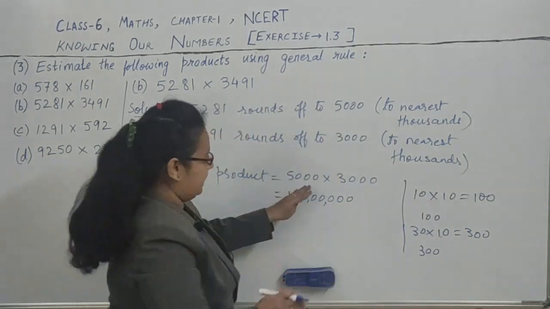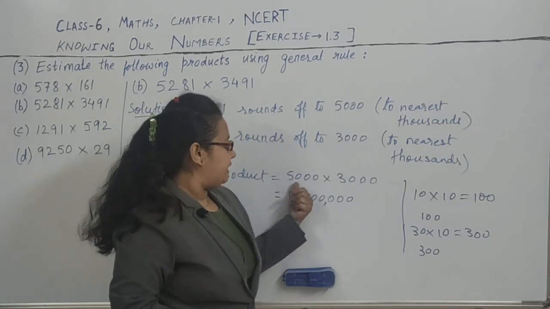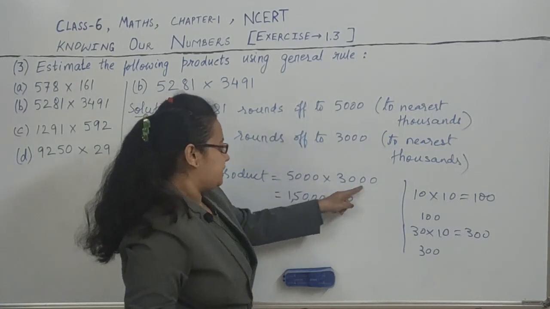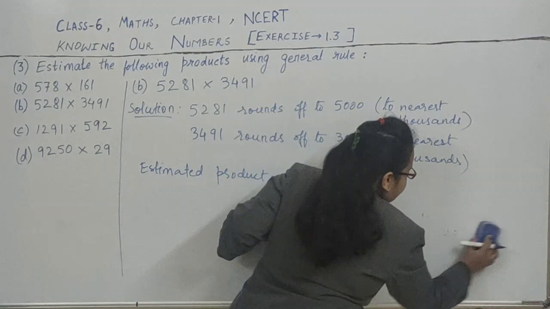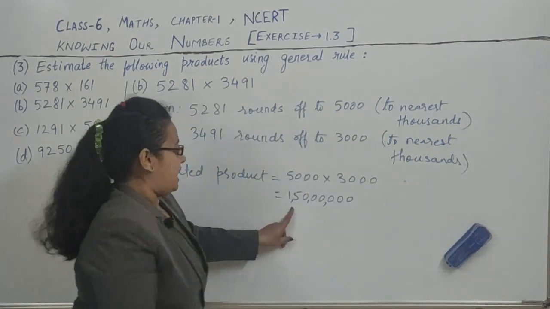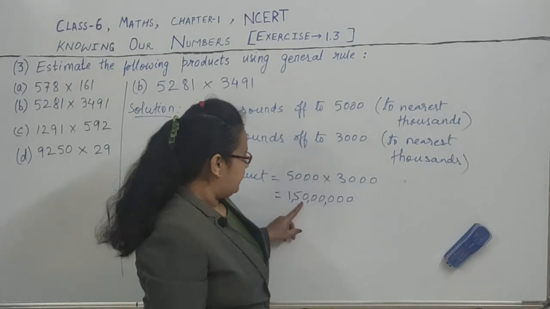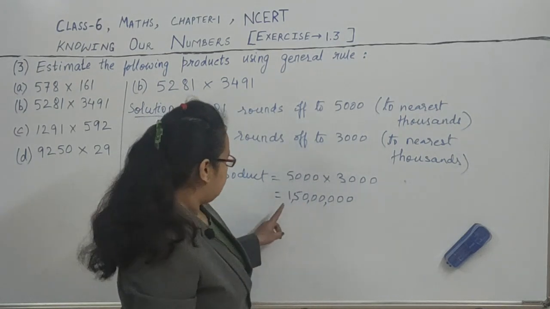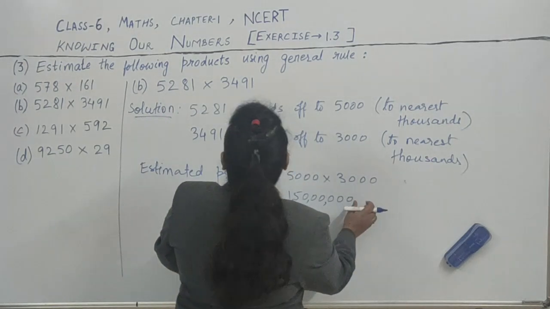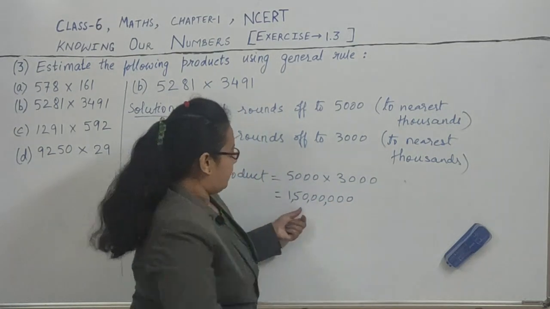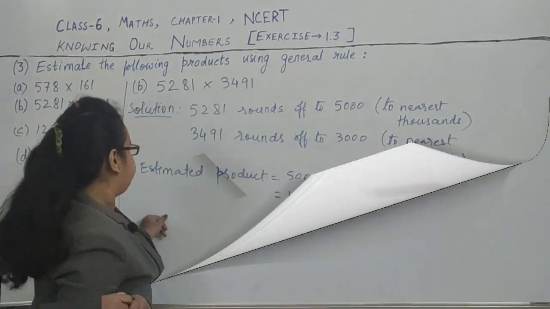Like that we do for any number. 5 into 3 is 15 and all these zeros will come here. So this is the answer: 1 crore 50 lakh. Okay, these are the 6 zeros. So 1 crore and 50 lakh is the answer.